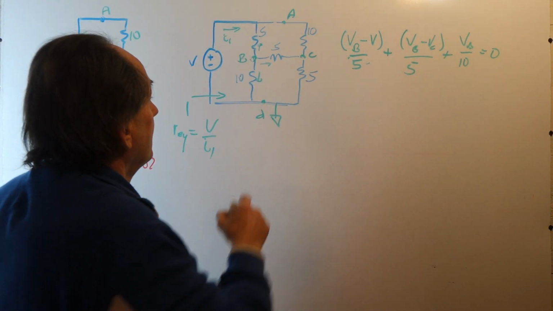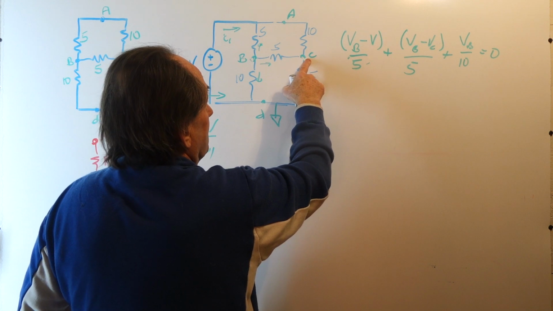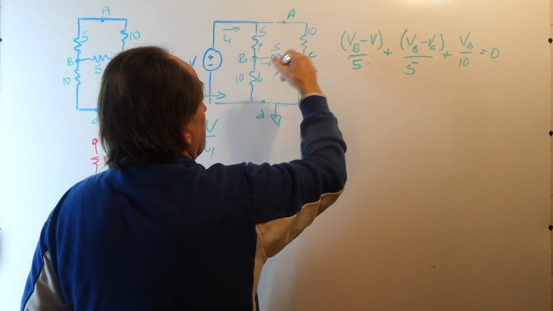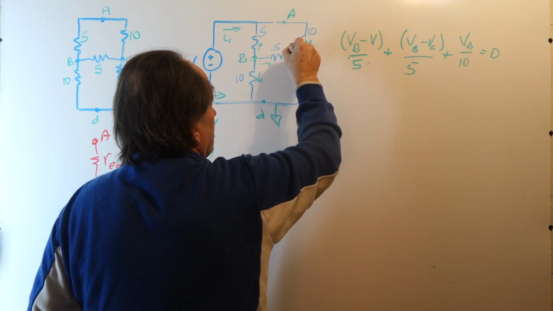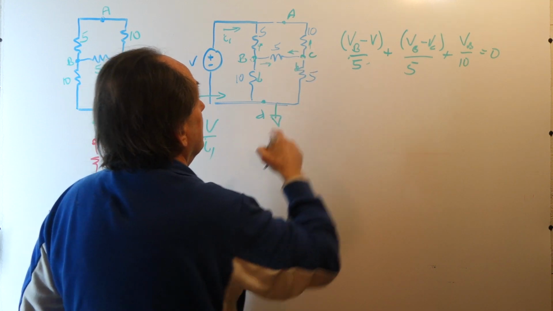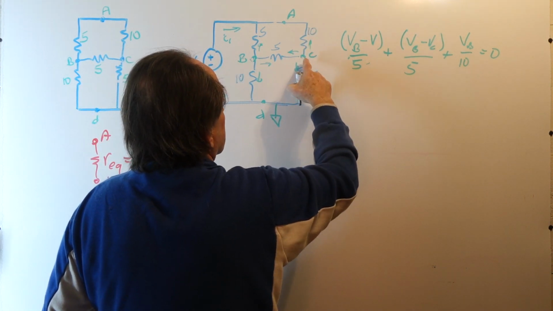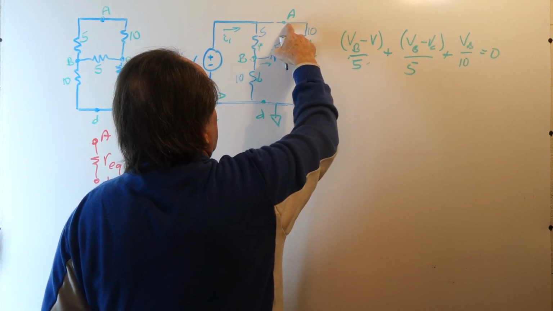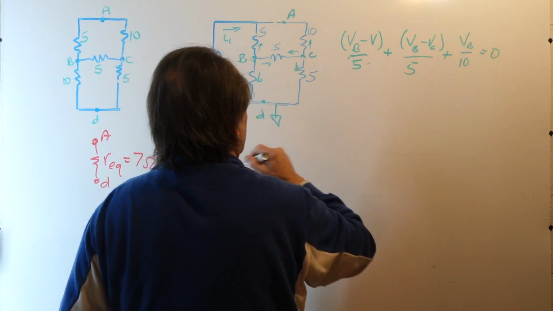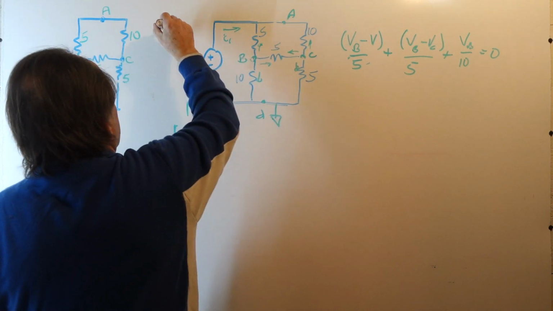Now, the other independent node C, we do the same thing. Again, currents leaving as being positive. Current through this resistor is the voltage at C minus the voltage at A, but VA is equal to V. I'll write that here.